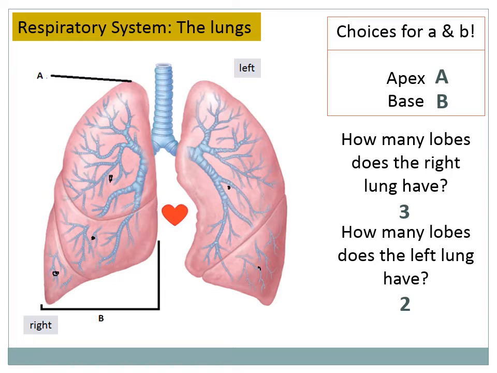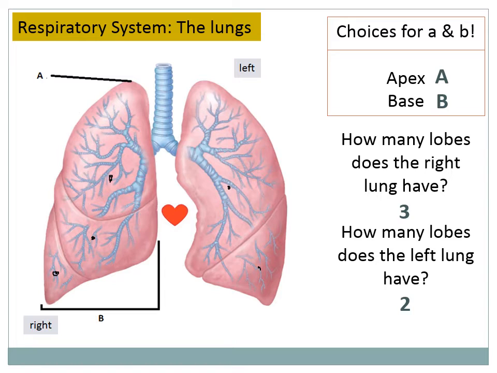So you can remember this this way, just like the heart, right? In the heart, on the right side, there was the tricuspid valve. So there were 3 valves, or 3 flaps to the valve. And on the left side of the heart, there was that bicuspid valve, which was 2.